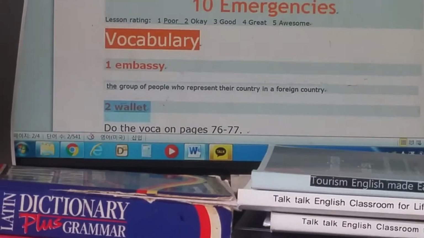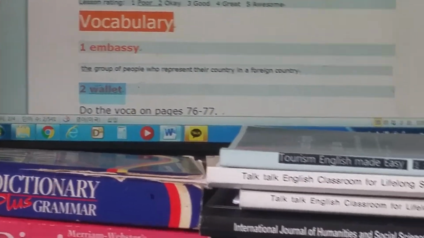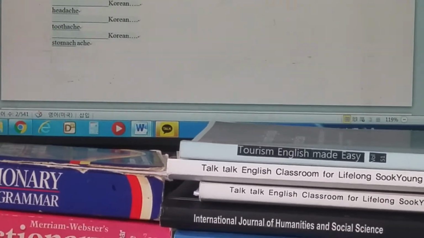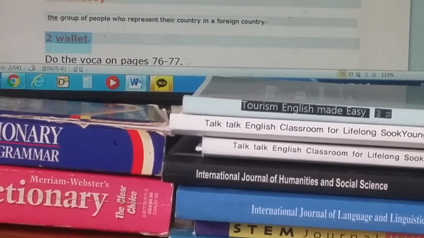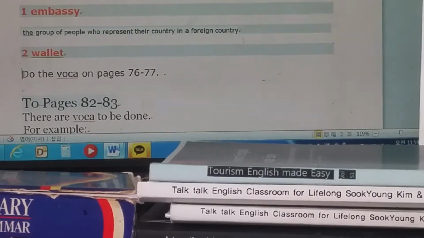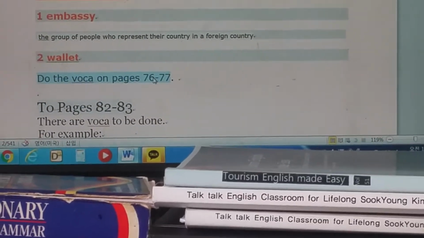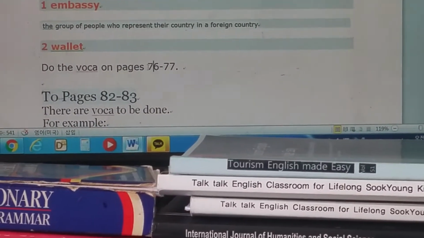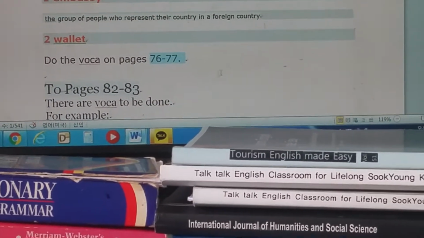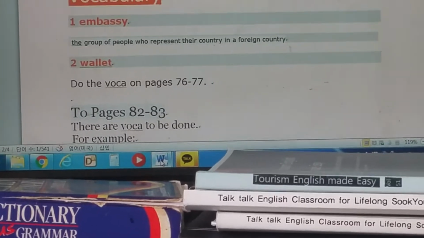This you know already. It's not your first time. Go through that for us and do all that it says there. Do the vocabulary on page 76. It says there, pages 76 and 77 in the book.